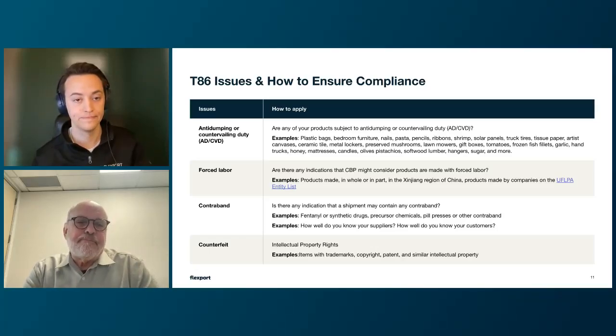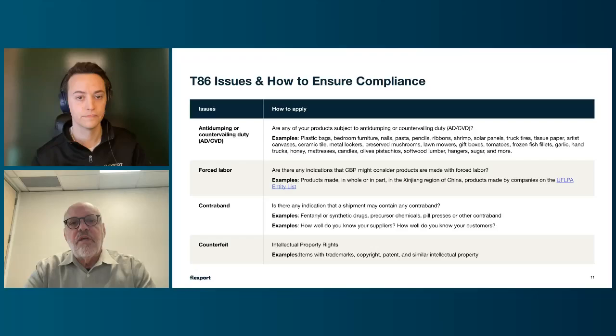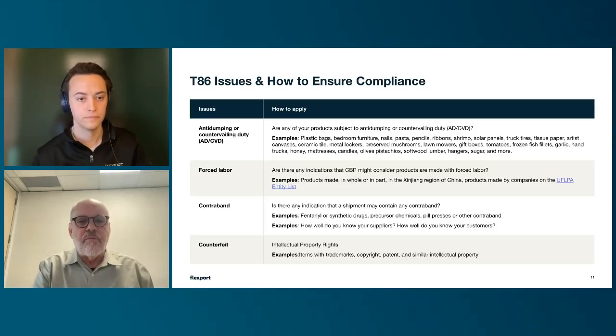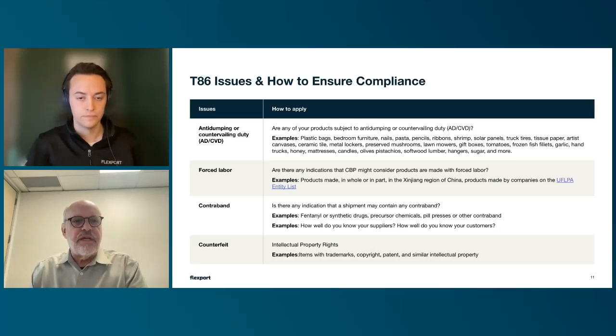Wonderful. When we look at the Type 86 program and we look at some of the priority issues that Customs is working on today, there's kind of a crossover between the two. And Customs is really looking to ensure that individuals and companies are not using the Type 86 program to avoid some of the hot issues in trade compliance today. So things like forced labor and contraband.